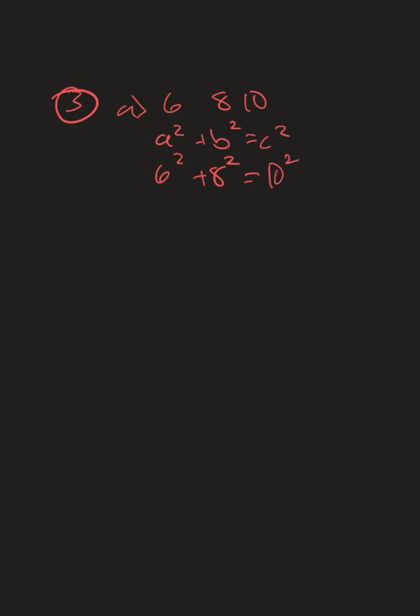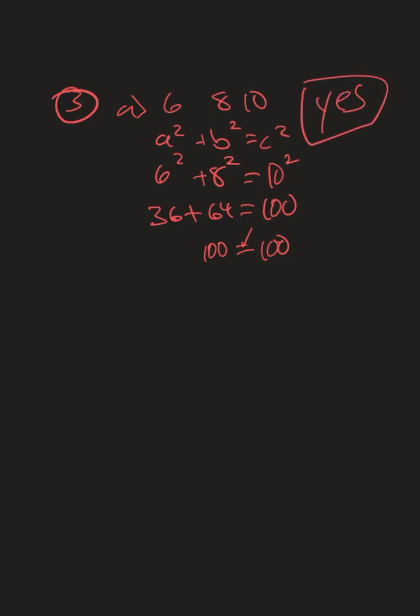So 6 times 6 is 36, plus 8 squared, which is 8 times 8, 64, equals 10 squared. 10 times 10, that's 100. So 36 plus 64, I get 100. Trust but verify. Does it equal 100? Yes, it does. So guess what? A is yes. Color that in. Okay, B.